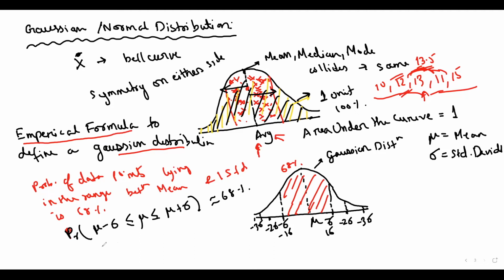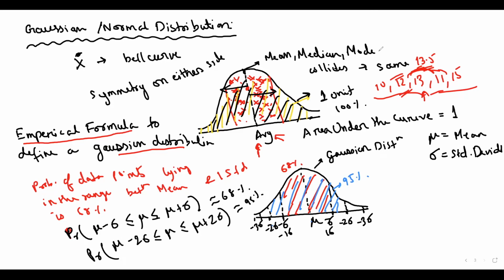The second formula is the probability of the data points falling under the area between mean and second standard deviation is 95%. So it means if you define this area, 95% of the data will fall under this particular range. 95% of the data points will fall under mean and second standard deviation.